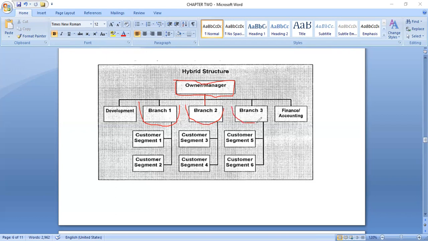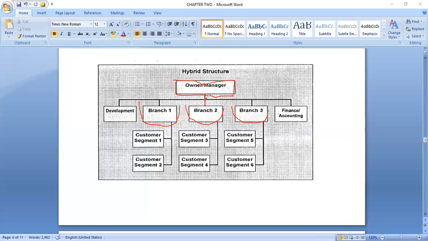If it's a bank, it has different branches in different geographical locations. So this is a combination of a geographical organization structure, which is practically under the divisional organization structure.